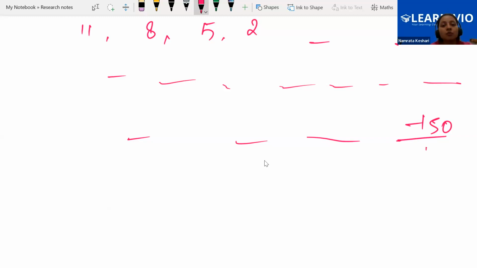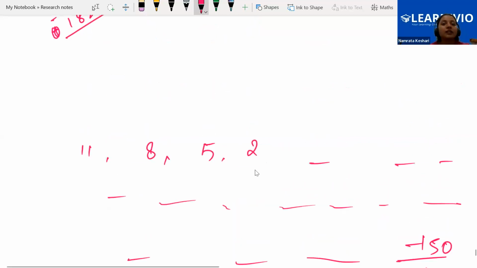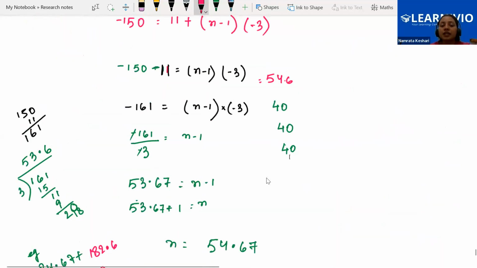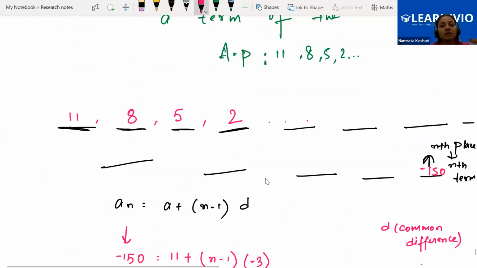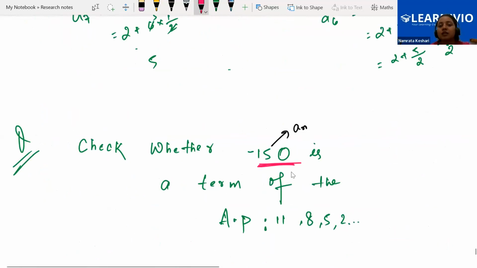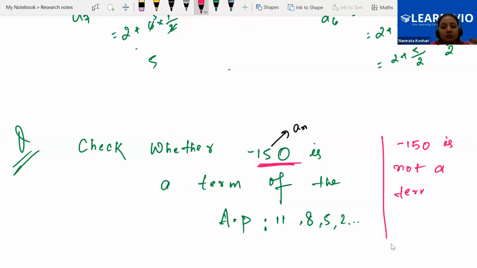So let's assume that at the nth term, the nth term is minus 150. an is minus 150 we have taken, and when we tried finding n, it came as a decimal number. So it is not at all possible that n will be a decimal number. Minus 150 is not a term of the given AP.